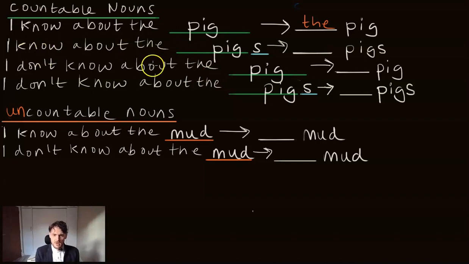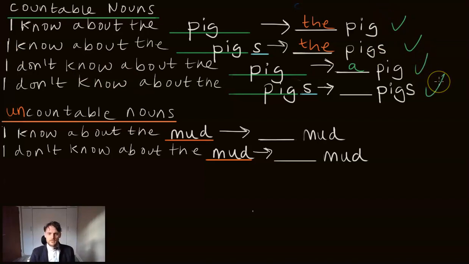Second one, I know about the pigs. The pigs. I don't know about the pig. A pig. I don't know about the pigs. Pigs. That's it, no article. Okay, well done.